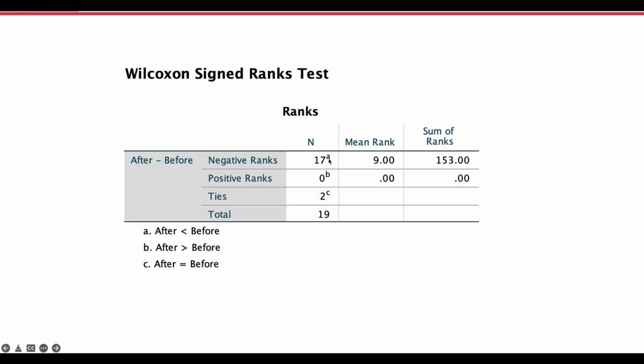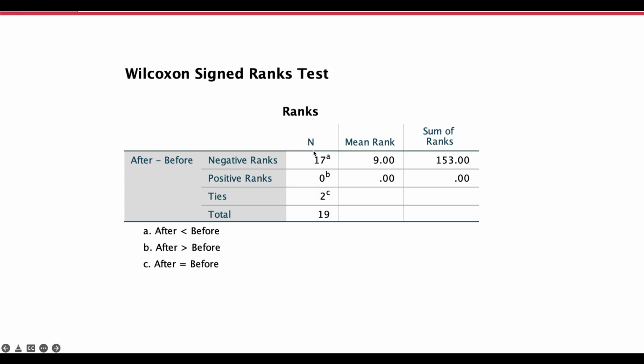This a simply means that after is less than before. What was our scale? It was on a scale of 1 to 10, where the lower number means less level of pain. If you are moving towards 1, it means the pain is less. If you are going towards 10, it means pain is more.